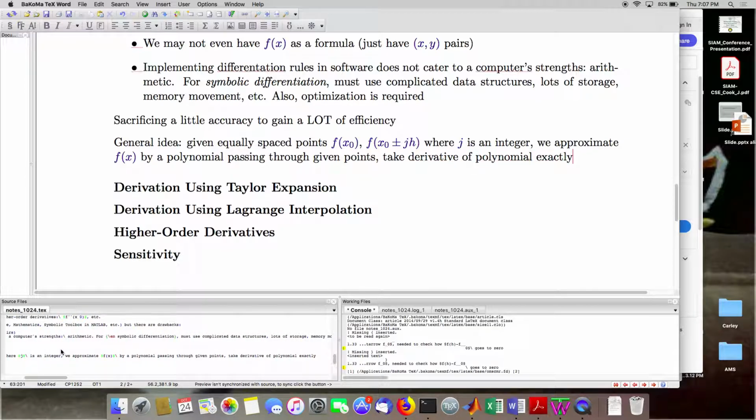And so we could use either Taylor polynomials or Lagrange polynomials. Either one will work. So I'll show you both approaches.